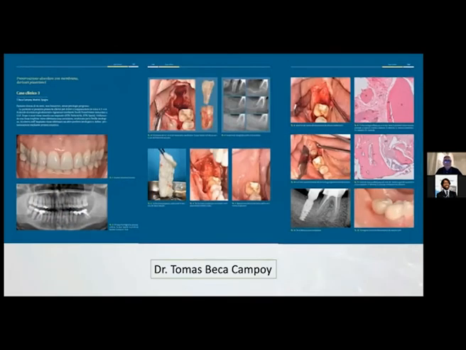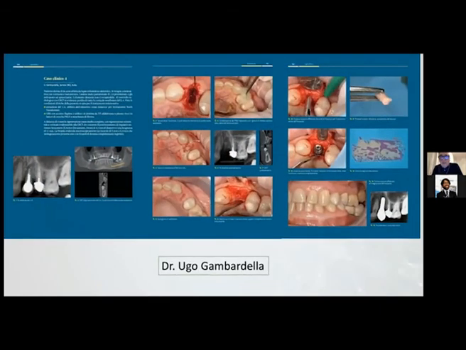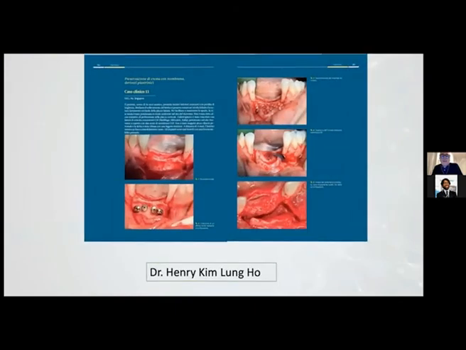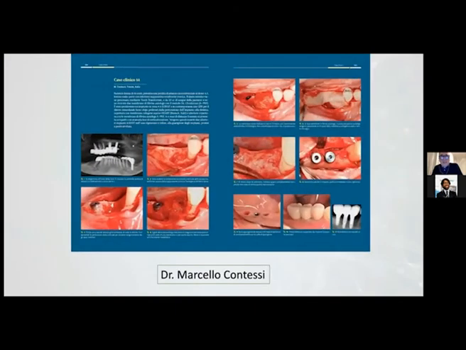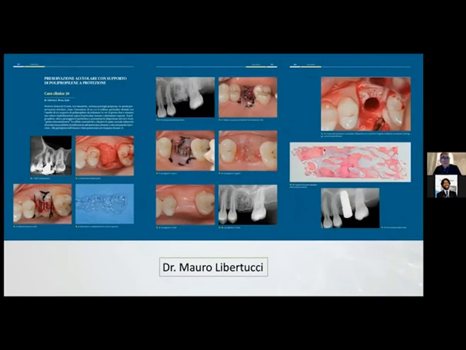This is another case from a Spanish friend, and this is an Italian friend. This is a Singapore friend, and this is another Italian friend. So every case is very interesting, and it is not only in my hands.